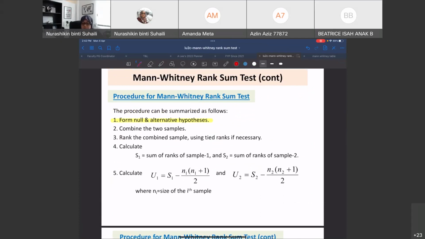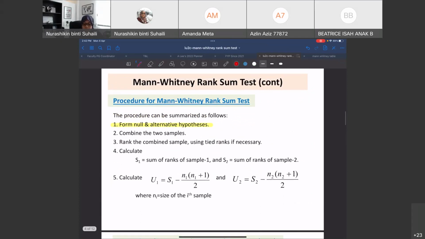So you have to start with the null and alternative hypothesis, and then the second step is to combine the two samples. What is meant by combining the two samples here is for ranking purposes. You have to see the two samples as the whole data.